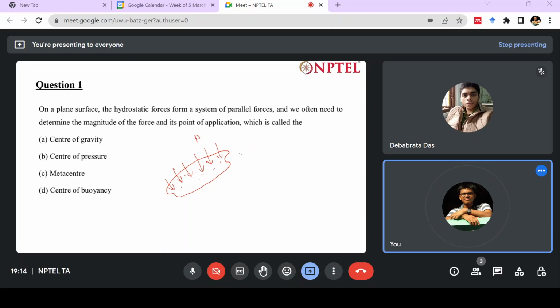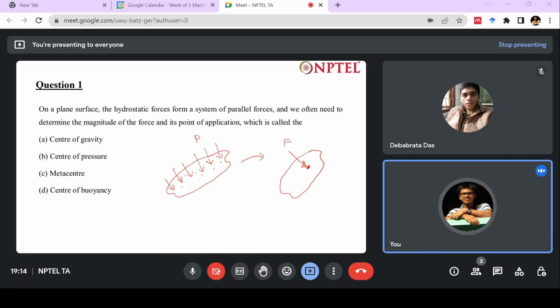So this can be represented. If we have the same surface and only one force acting on it, having the same effects, then what is this particular point called? That is the question. So how can I replace a distribution of force with one point force?